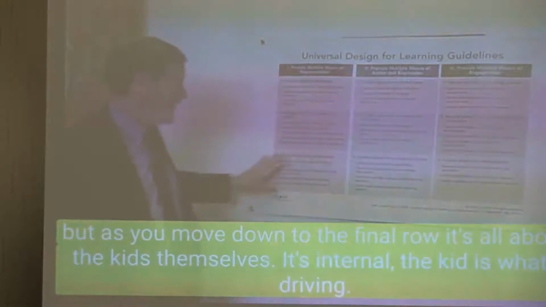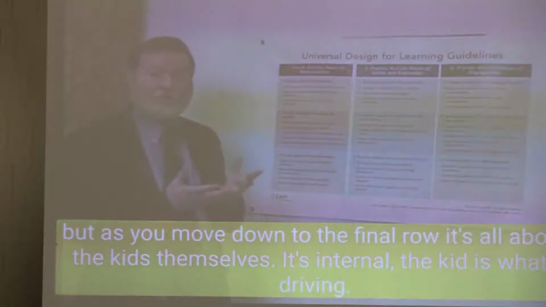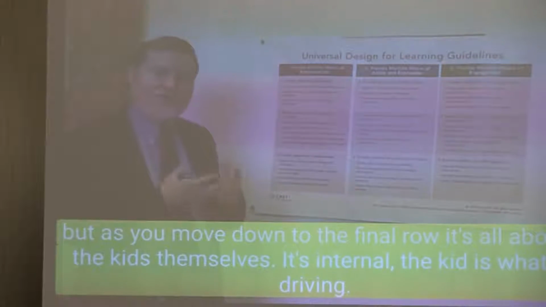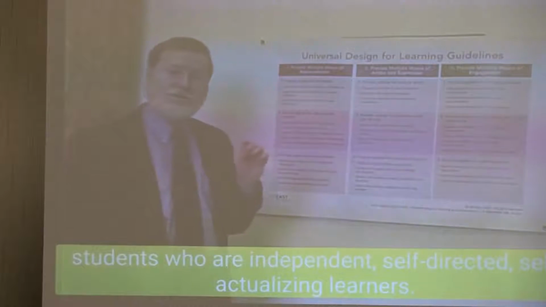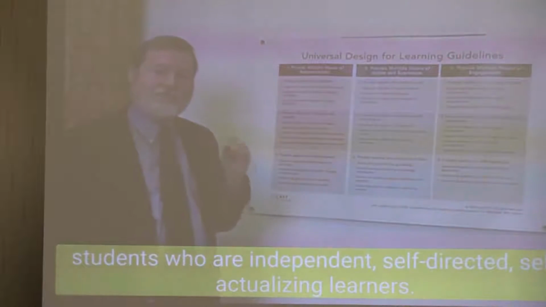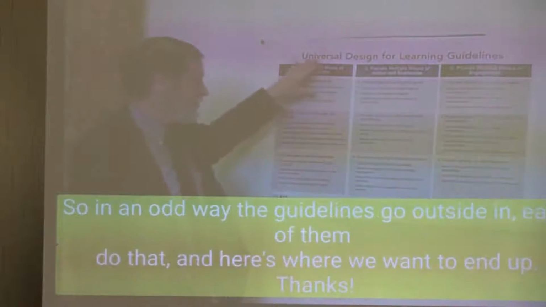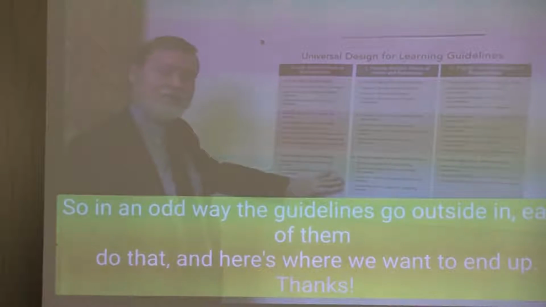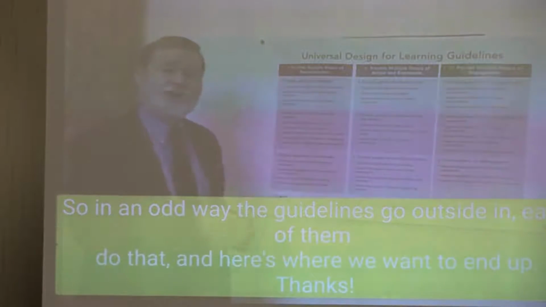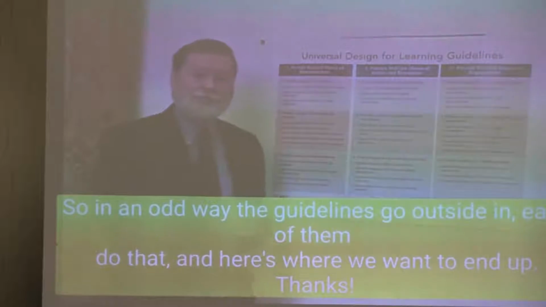But as you move down to this final row, it's all about the kids themselves. It's internal. The kid is what's driving. So what we want to do is get to that. Students who are independent, self-directed, self-actualizing learners. So in an odd way, the guidelines go outside in. Each of them do that. And here's where we want to end up.